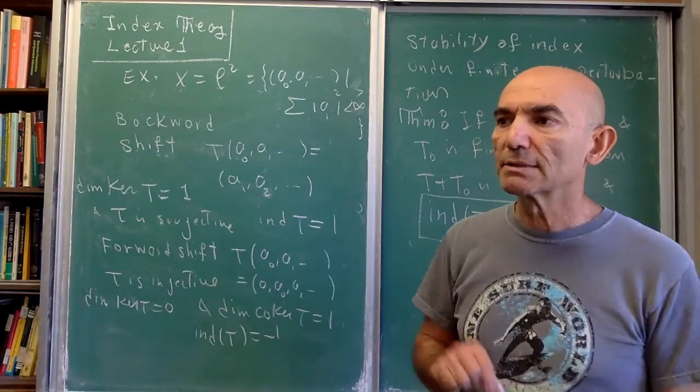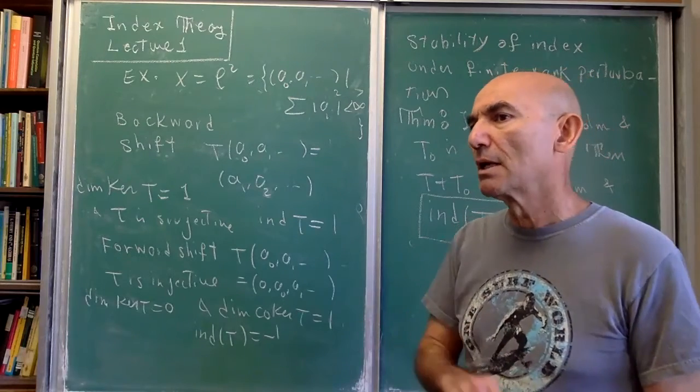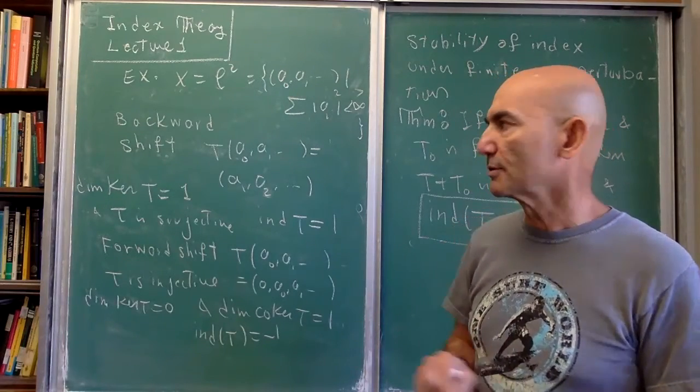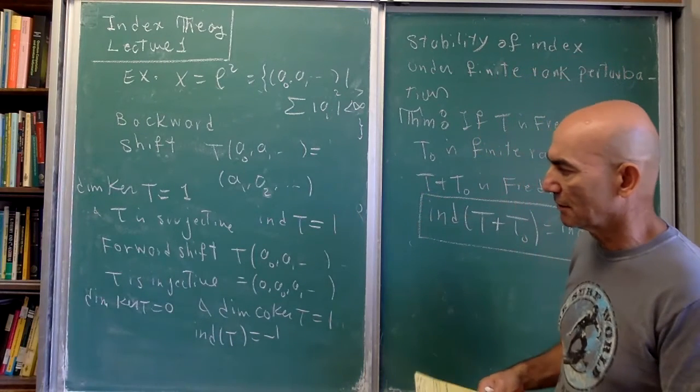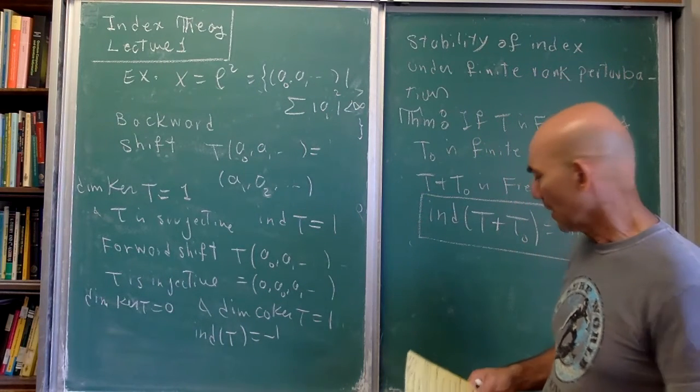So the analysis could be useful even when you want to prove that some operators that make sense in a purely algebraic context are Fredholm. So what I mean is this.